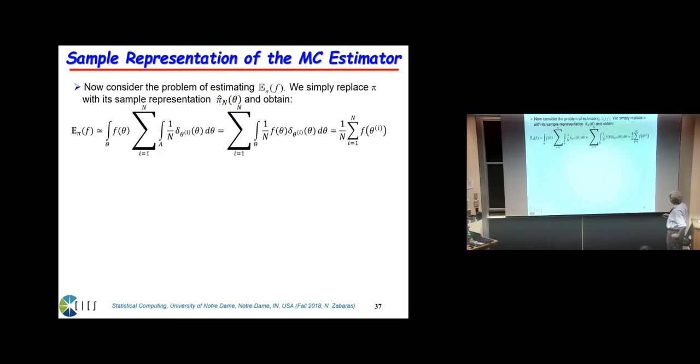This is an amazing result. If we compute an approximation of the expectation of f using not the true distribution but the empirical measure, the estimate we get is our sample mean. So maybe you start getting an appreciation of this.